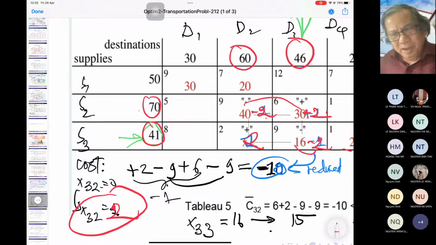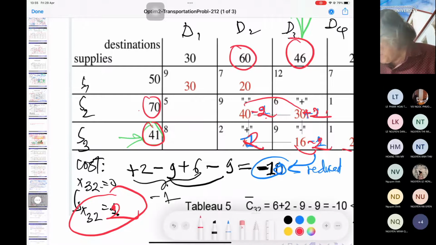That is okay. But in that case, what is the change? How much is the cost changing? Minus 20. The cost is reduced 20. Is that okay? So, okay, I'm a mathematician. I think so.